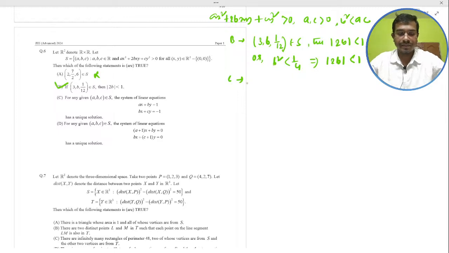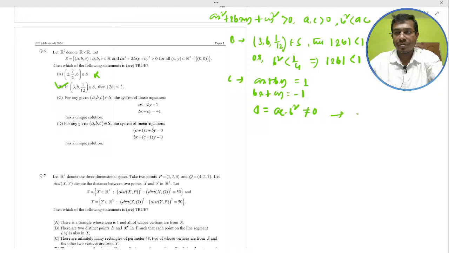Now check option C. That ax plus by is equal to 1 and bx plus cy is equal to minus 1. That means ac minus b square is not equal to 0. So this is basically the discriminant del. So the unique solution, and this C is correct.